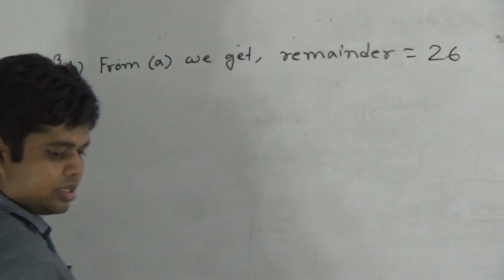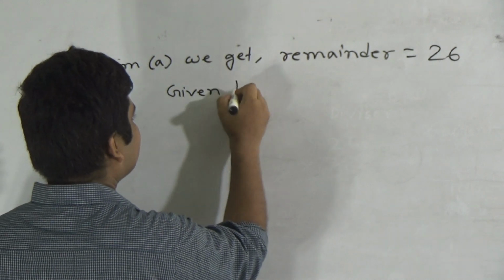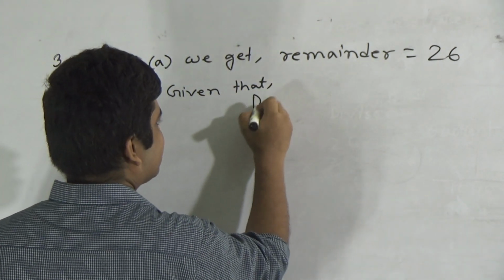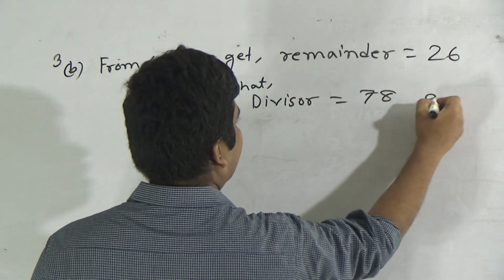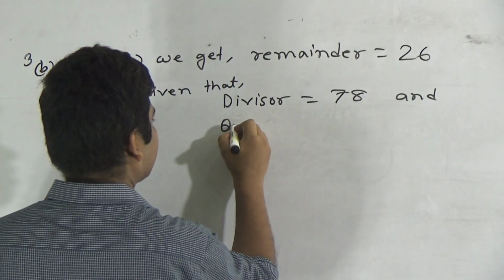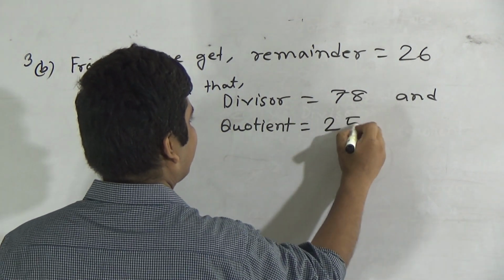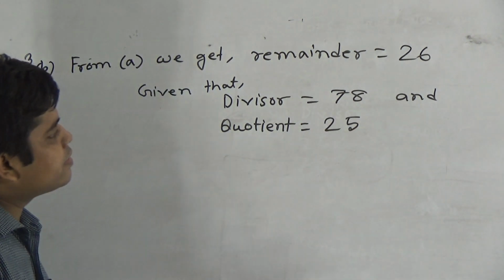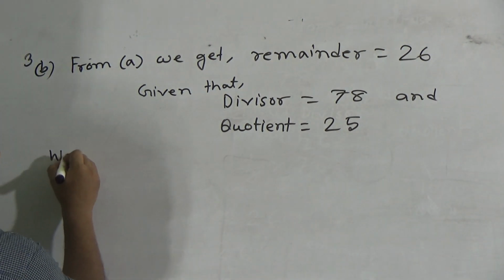Now I write the given: the divisor equals 78 and the quotient equals 25.